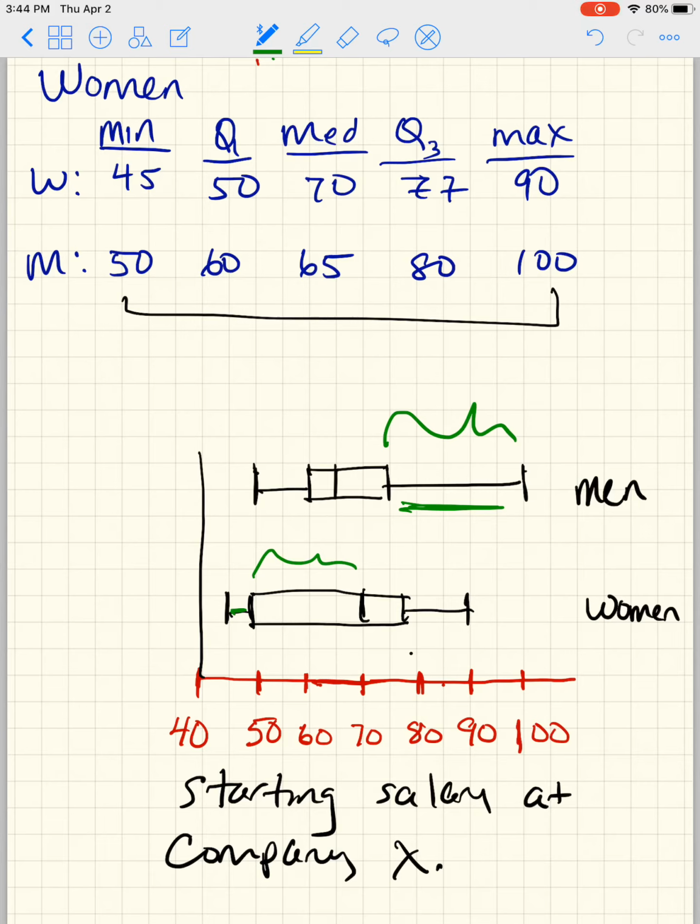So that's something really important to take with you. So once again, wherever the whisker is longest or wherever the box is longest, that's where the distribution is skewed to. So in this case, it's skewed to the right because the whisker is longer on the right side, and it's skewed to the left because the box is longer on the left side.